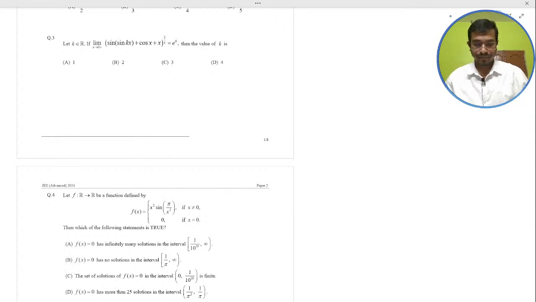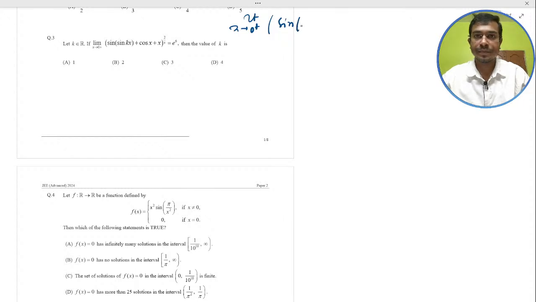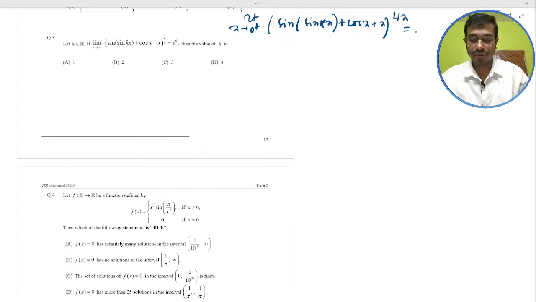The limit x tends to 0 plus sine of sine kx plus cos x plus x to the power 2 by x is equal to e to the power 6.